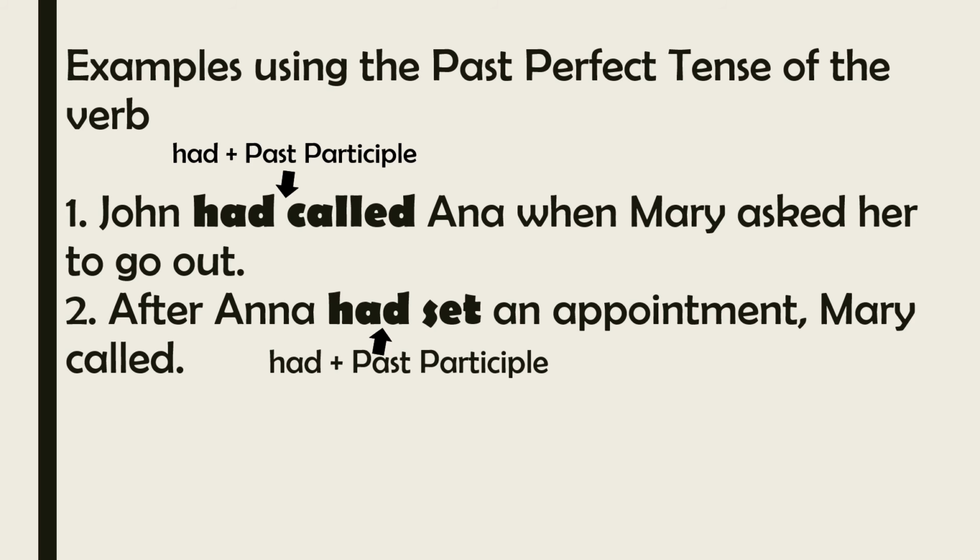Examples using the past perfect tense of the verb: number one, John had called Anna when Mary asked her to go out. The past perfect tense in this sentence is had called, so had plus the past participle. As we discussed earlier, the past participle of call is called.